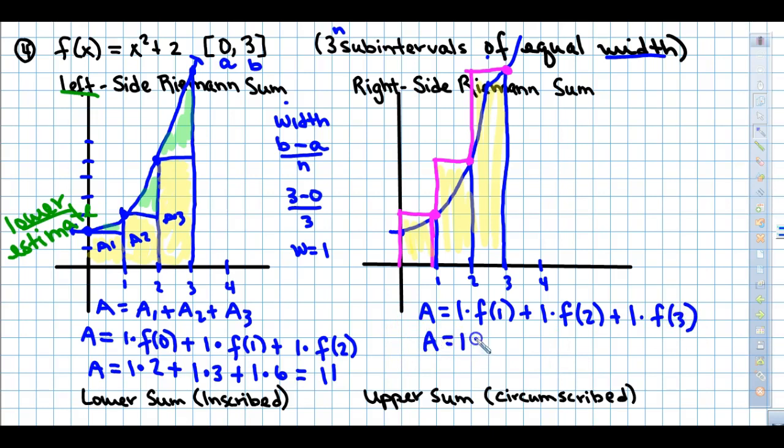So that's going to be 1 times 3 plus 1 times 6 plus 1 times 11. And that is going to give me an estimated area of 20.